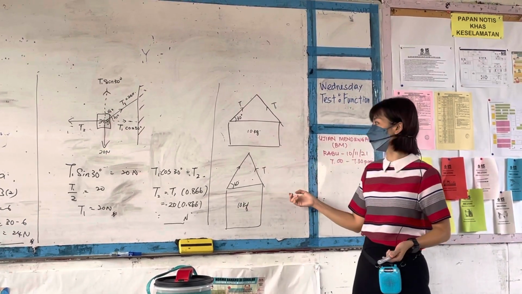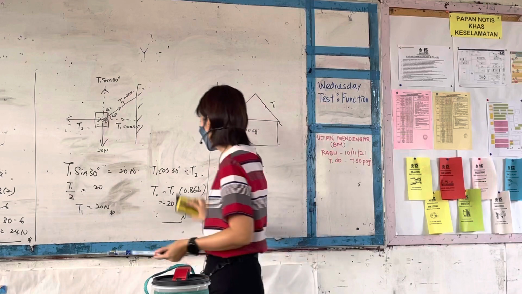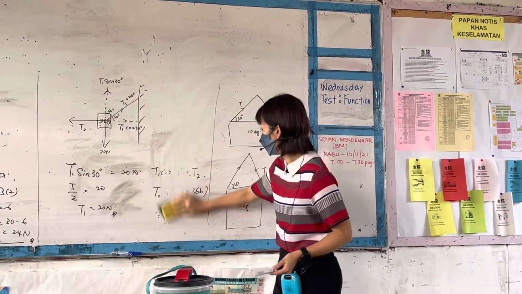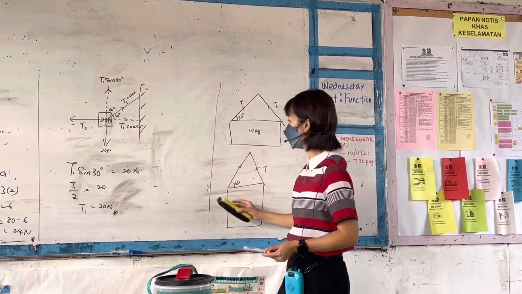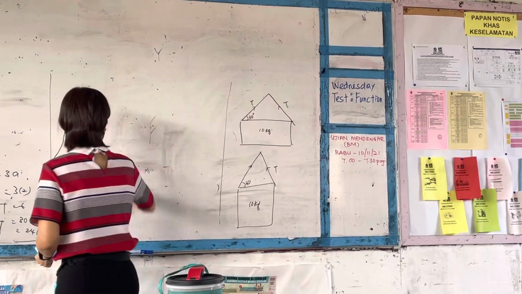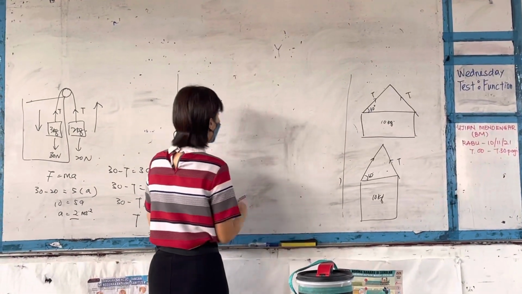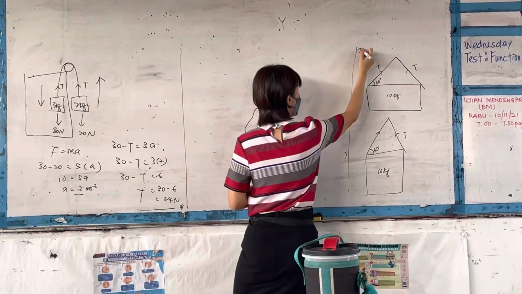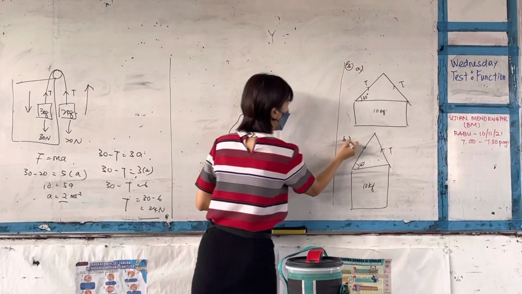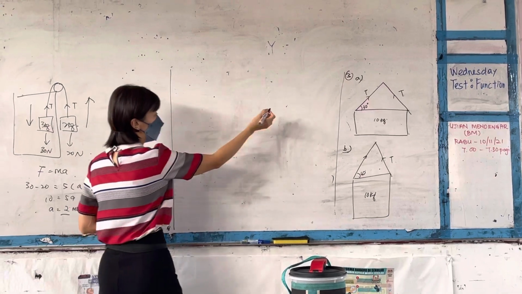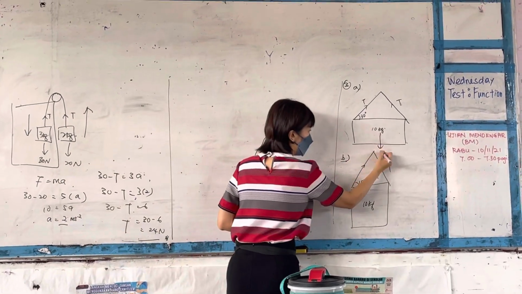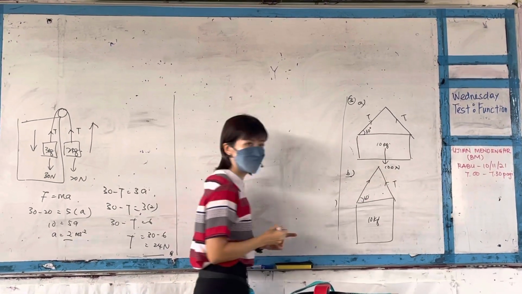Okay, now this one I write. I'm going to solve 2, then we compare which string tension is higher. This is number 3, A and B. Now we look at this one. 100 Newton moving downward, right?